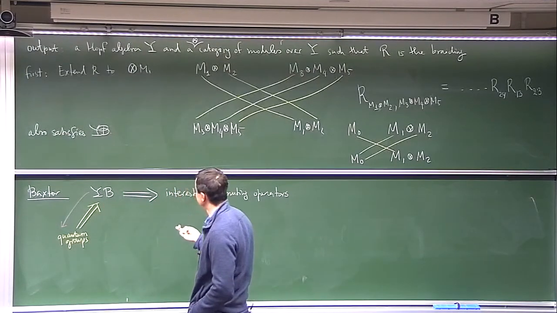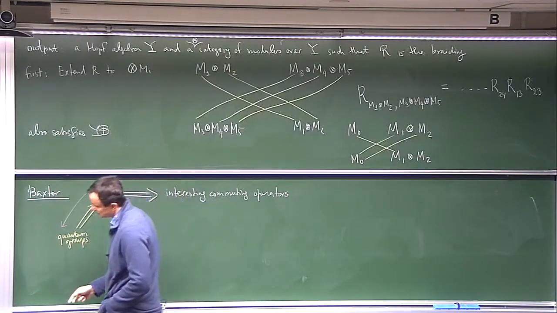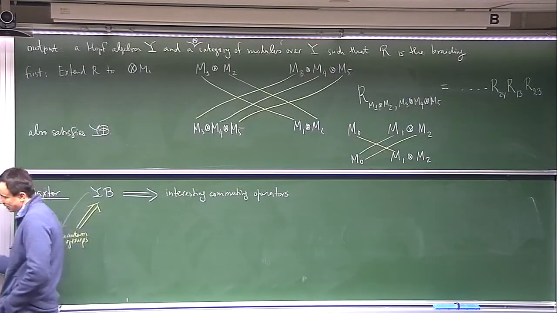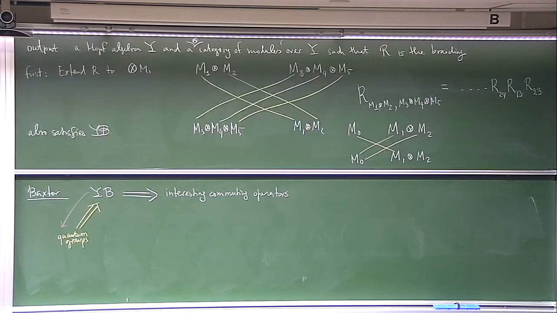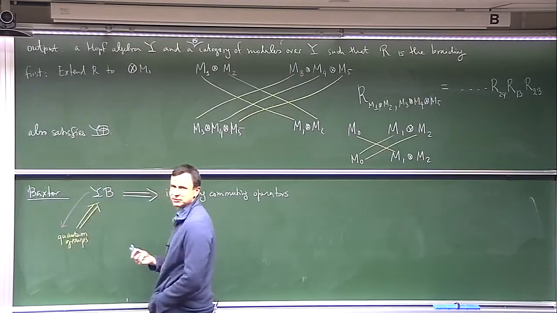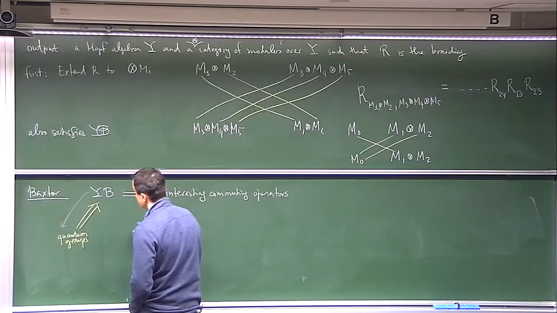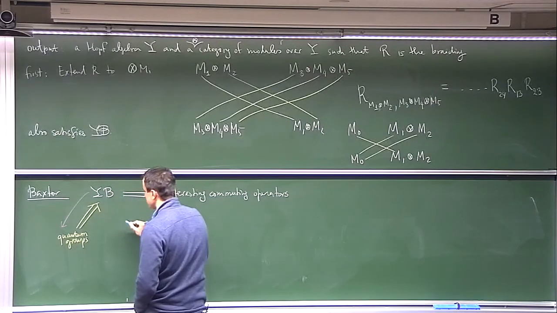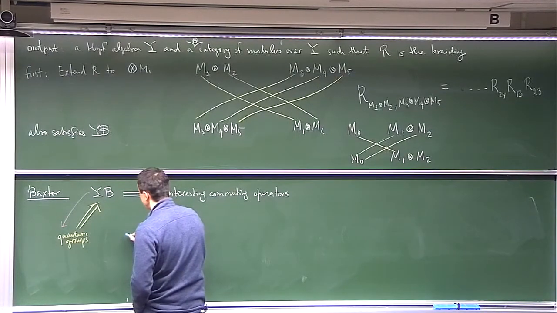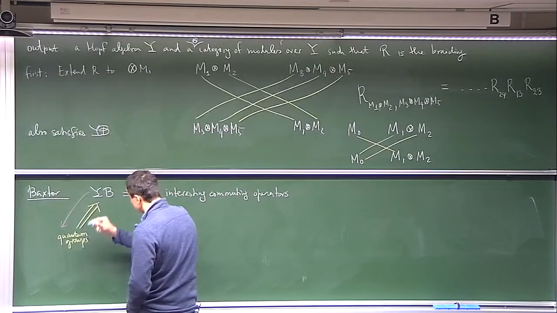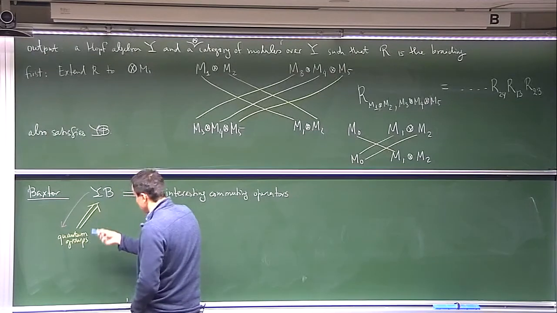Where I'm going is that there is also, maybe too late today, but we'll see, a slightly different way, maybe another vertex in this triangle. There are quantum groups, by the works especially of Nakajima.